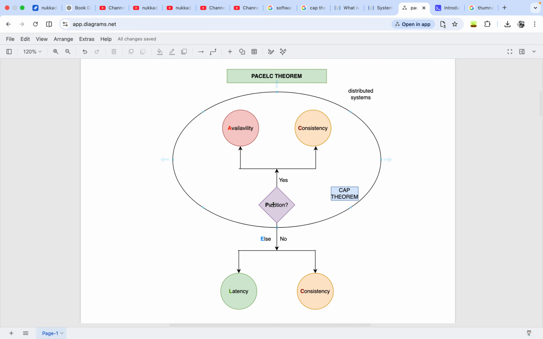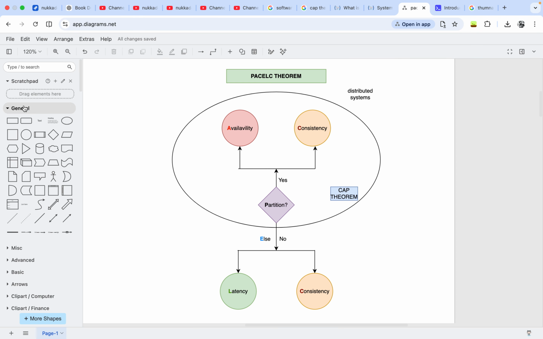If partition happens, you can go for availability, right? So this P and A, partition and availability, here in red color, makes an AP system. Let me write it here, it is an AP system.